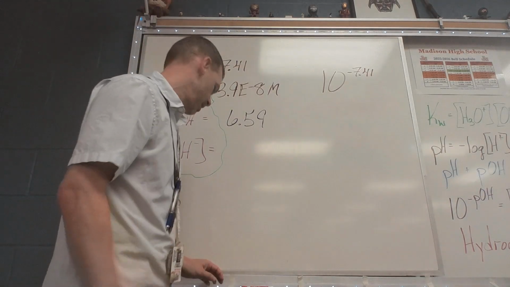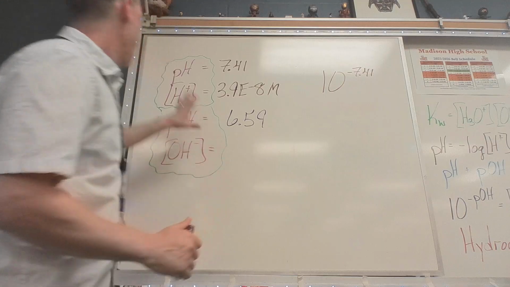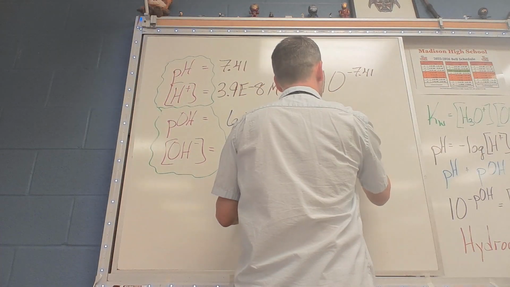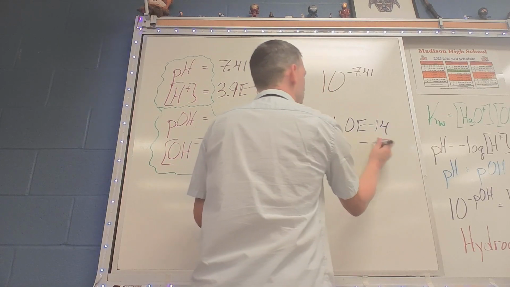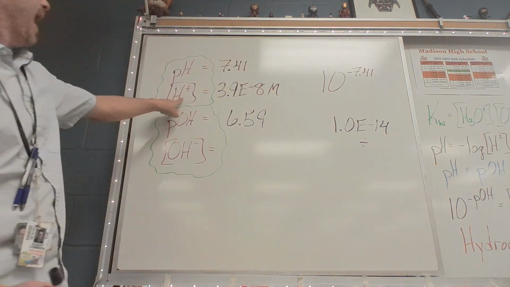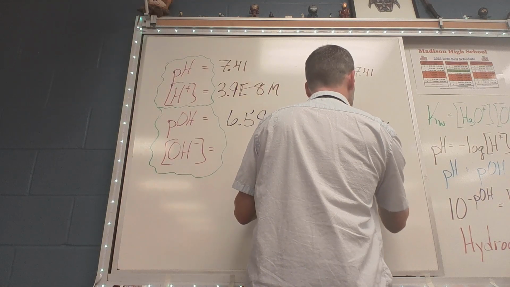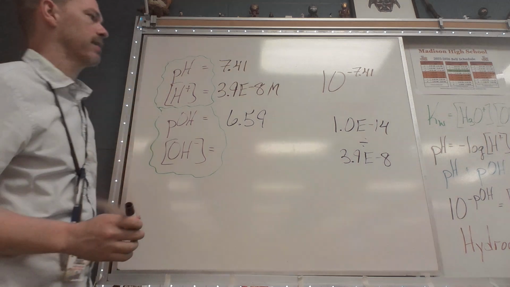So in other words, what I could do is I could say KW, which is 1e negative 14, divided by H plus 3.9e negative 8 will give me OH minus.